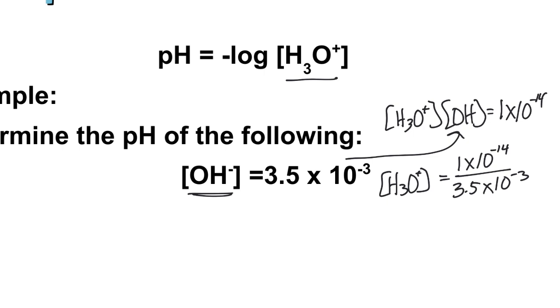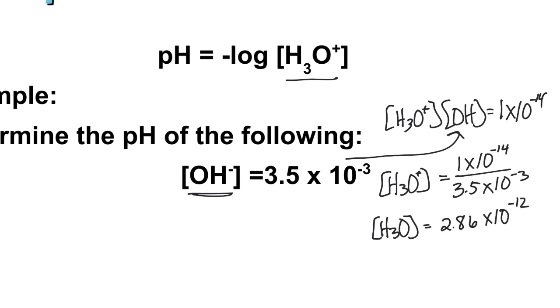That gives me a hydronium ion concentration of 2.86 times 10 to the negative 12th.